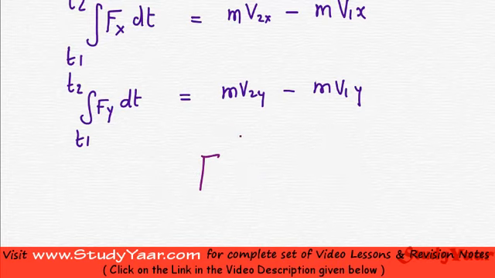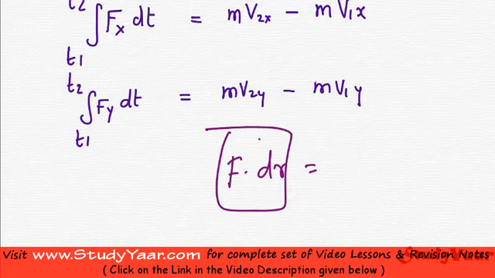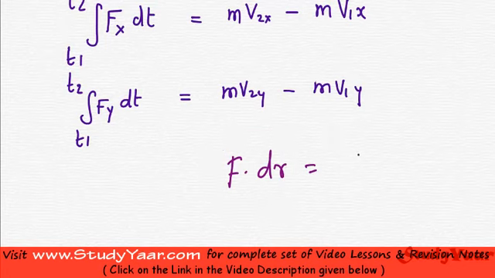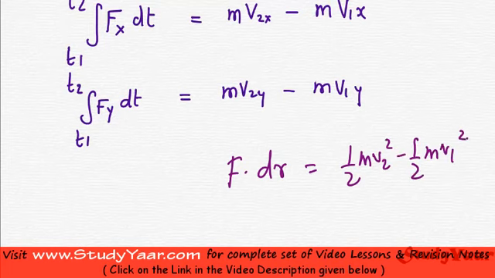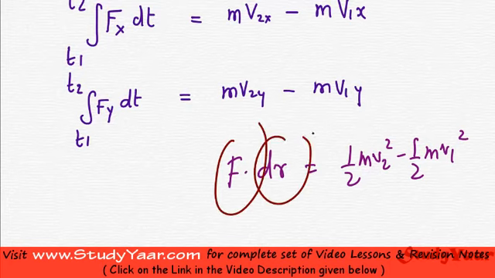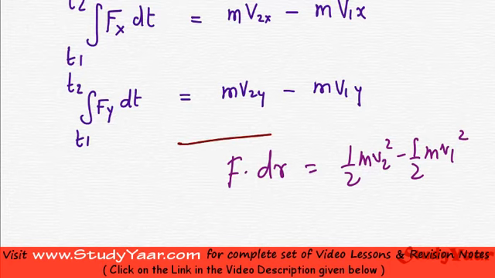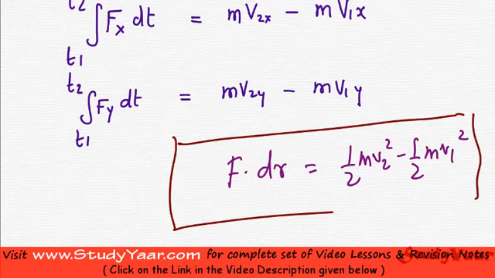If you are given distance, we know that F dot dr, the work done, is equal to the change in kinetic energy, half m v2 square minus half m v1 square. Over here you have a relationship between force, displacement and velocity. So if you are given force and displacement and you want to find the velocity, you use the work energy principle.